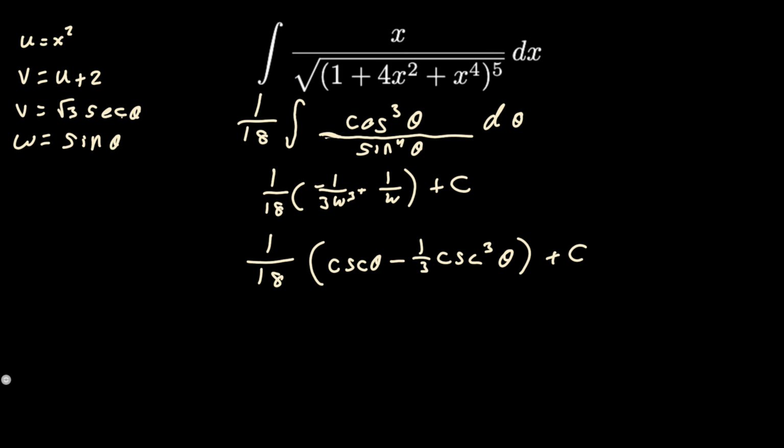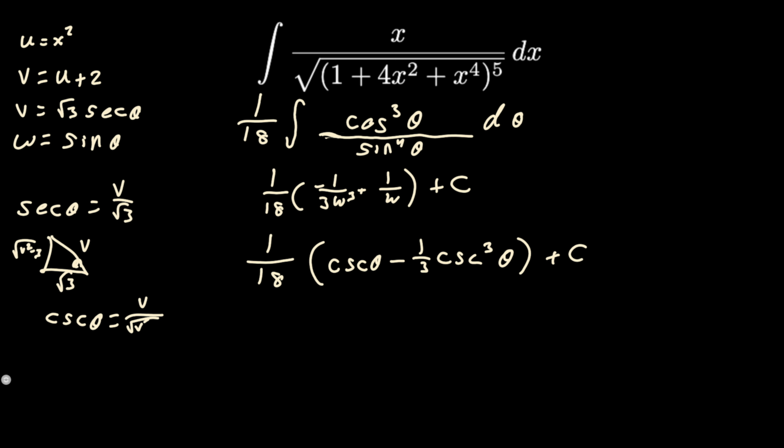And then we know that secant is v over root 3. And using the right triangle that we have theta, and we have root 3, v, and this is going to be root v squared minus 3. And finding cosecant theta, that is going to be equal to v over root v squared minus 3.